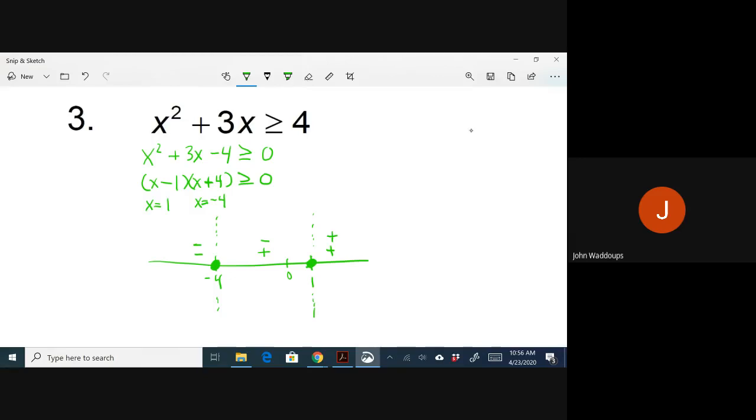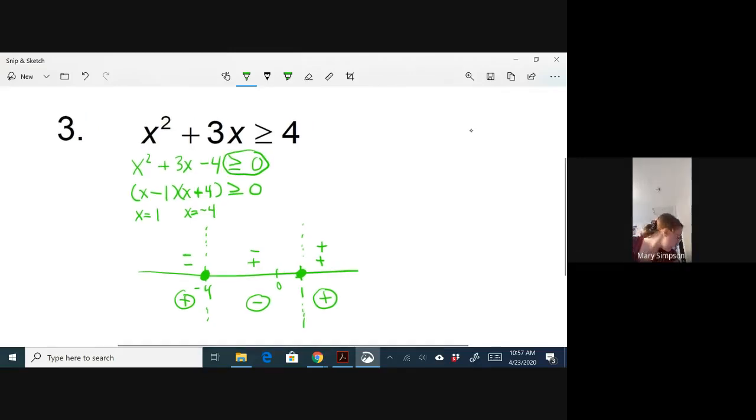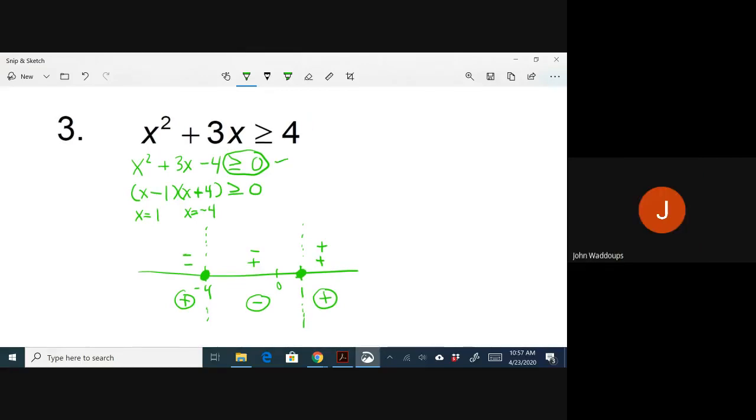And then negative times negative is positive. Negative times positive, wait, no, negative. And then positive times positive, positive. And because we're dealing with greater than 0, that means that we want the positive regions.